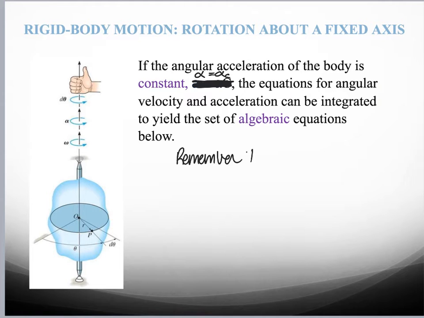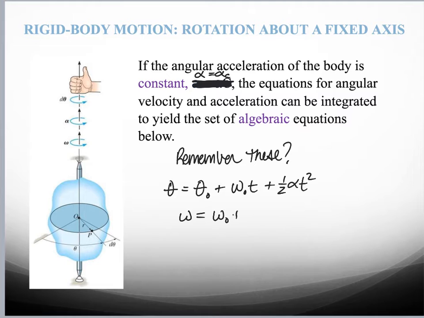They look very similar to our linear quantities, but we've just replaced velocity with omega, acceleration is replaced by alpha, etc. So the way that we would look at our angular position is initial angular position plus initial angular velocity times time plus 1/2 alpha t squared. Omega is equal to omega naught plus alpha t. And then finally, omega squared is equal to omega naught squared plus 2 alpha times theta minus theta naught.